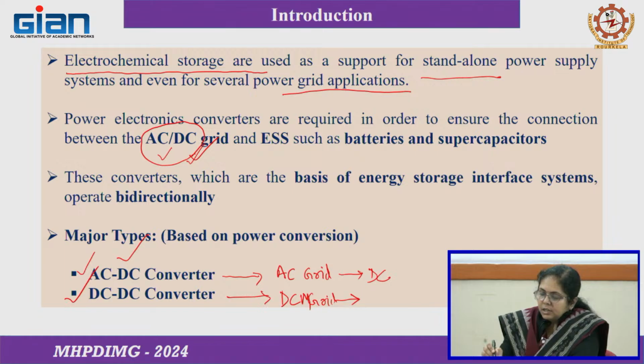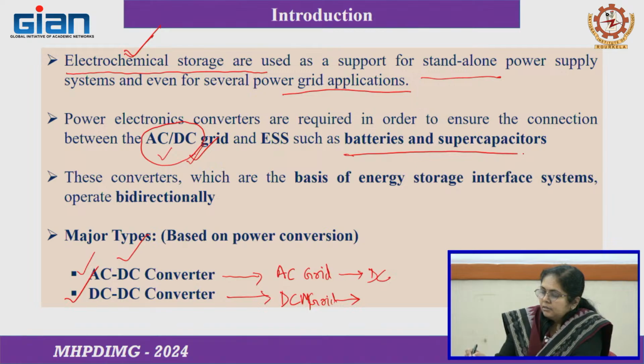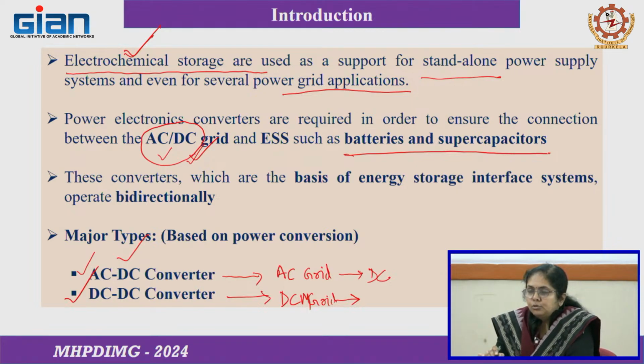When I am talking about energy storage, we are mainly focusing on electrochemical storage, where we have discussed two storages, the battery and the supercapacitor, which have complementary characteristics. Nowadays this is mainly used for microgrid applications: the battery has high energy density and the supercapacitor has high power density.